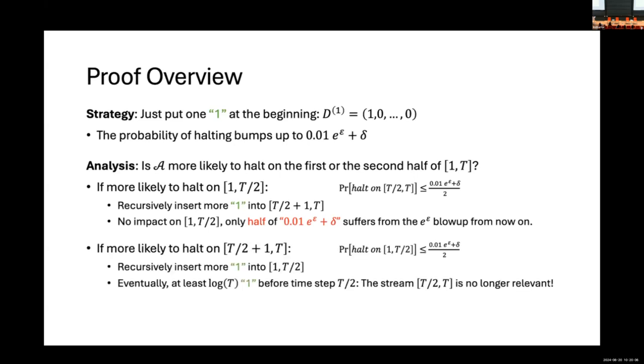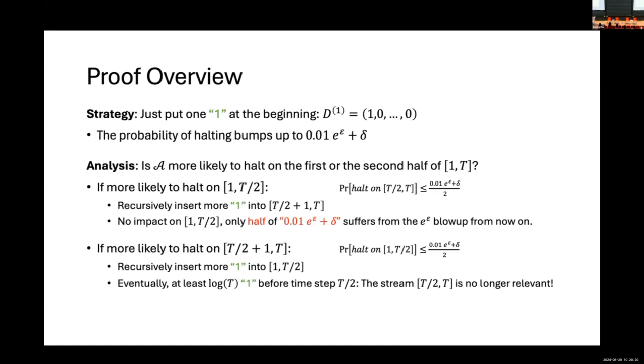The second case is, what if your algorithm is more likely to halt on the second half of the stream? In that case, we simply ignore the second half of your stream, and we recursively insert more updates into the first half of your stream. Our construction will guarantee that eventually we'll insert at least log t ones before time step t over 2.